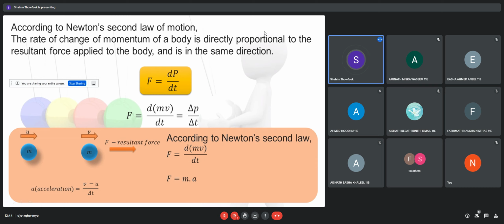Consider a mass moving, initial velocity is u, and the final velocity is v. Now, how to find the momentum? Initial momentum, mass into velocity, mu, and final momentum, m into v, mass into velocity.